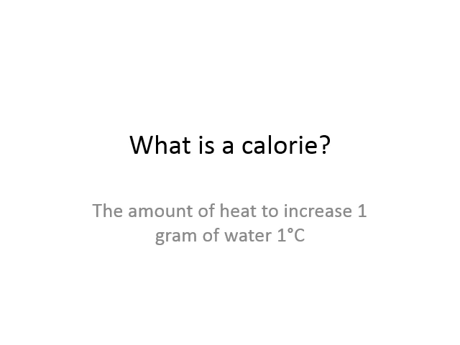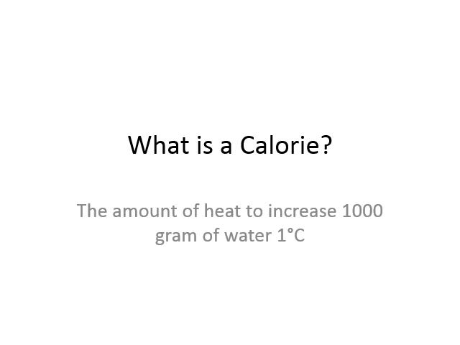It's the amount of heat that increases 1 gram of water 1 degree Celsius or centigrade. If we capitalize that C, the Calorie is the amount of heat to increase 1,000 grams of water 1 degree C. So 1,000 grams is a kilogram. 1,000 grams of water at room temperature is equal to a liter of water. So you get an idea of what we're dealing with here.